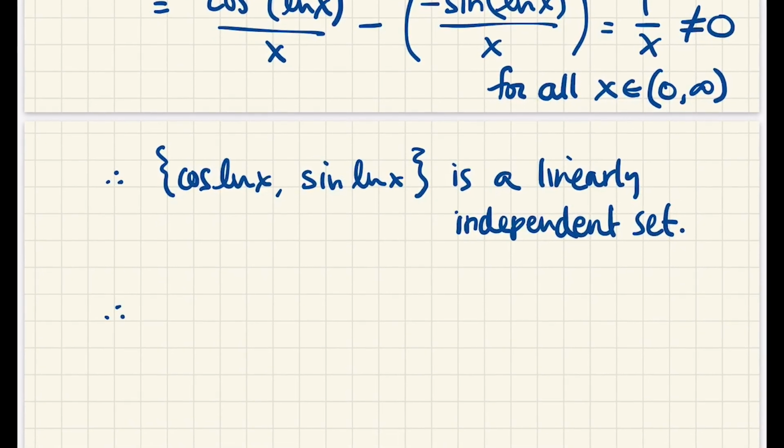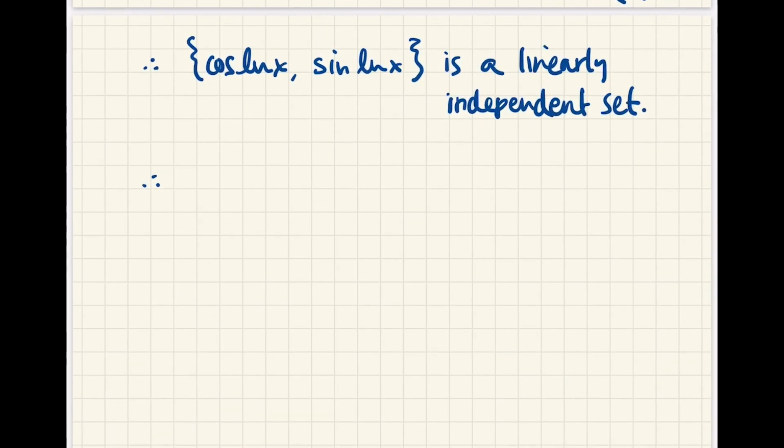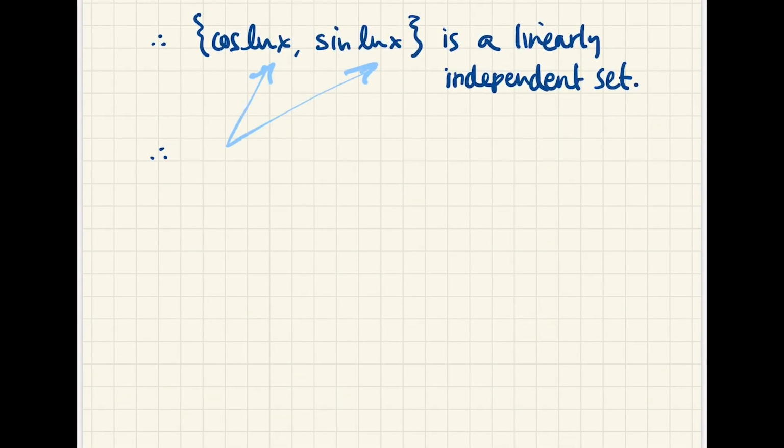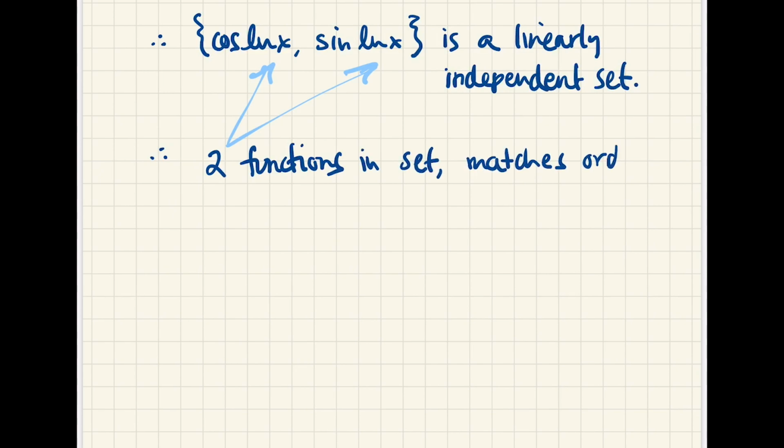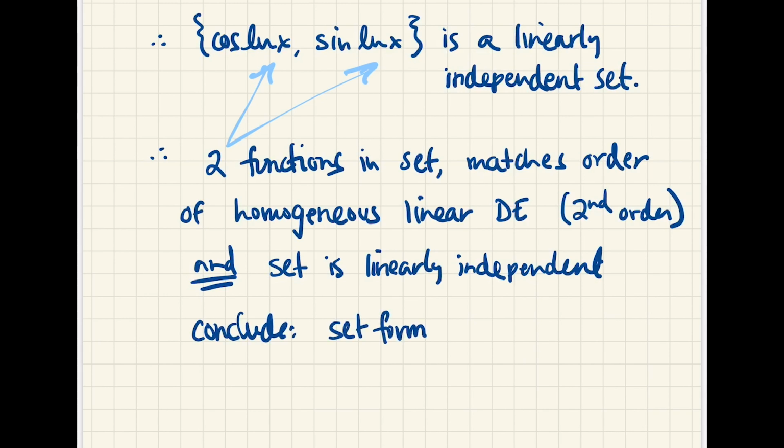Okay, so our conclusion is, since there's 2 of them, and it's a second order differential equation, and the set is linearly independent, we can conclude that the set forms the fundamental set of solutions.